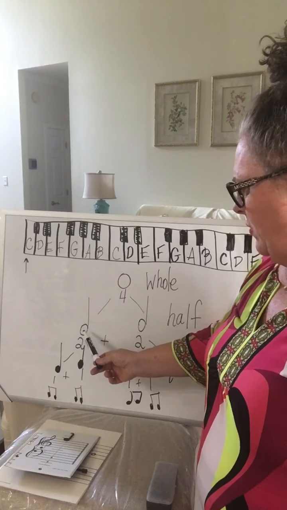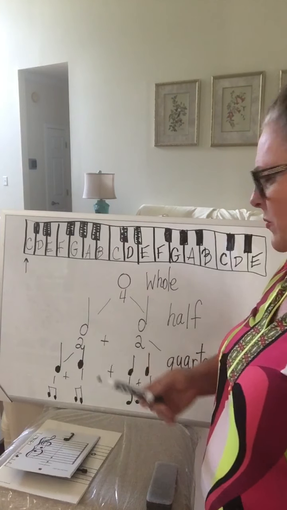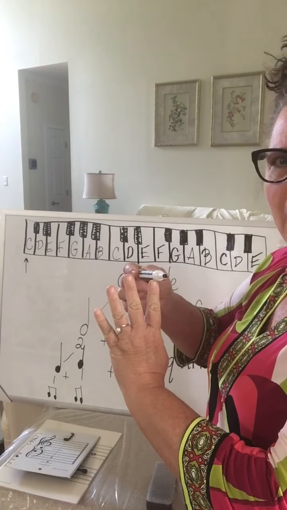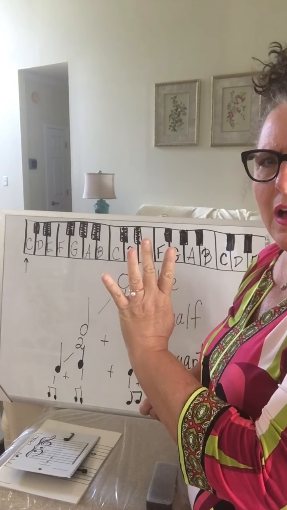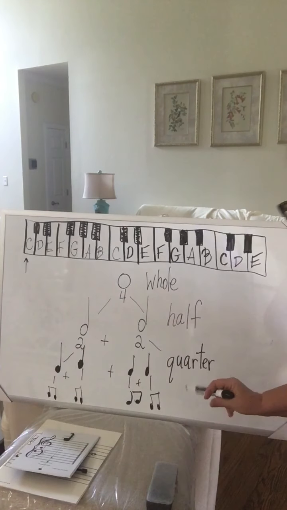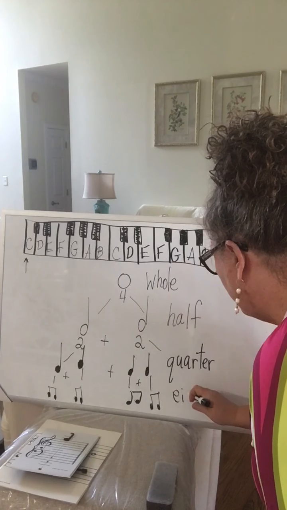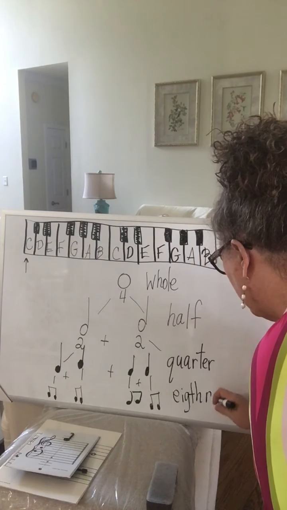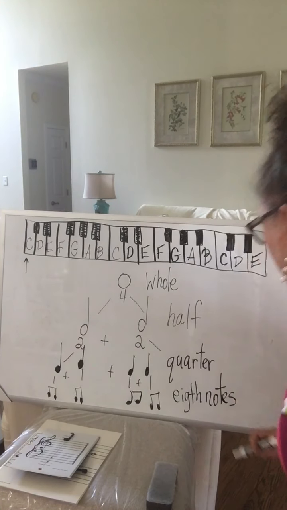And then our half note is a ta, and our whole note, which is 4, is ta, 4 syllables. Okay, now hopefully these are eighth notes. Hopefully you've gotten that all written down in your notebook.